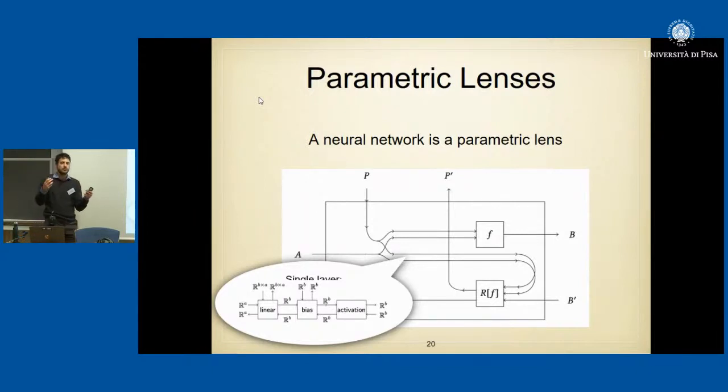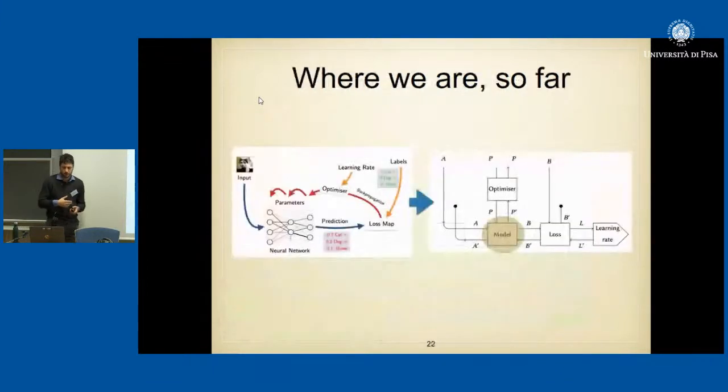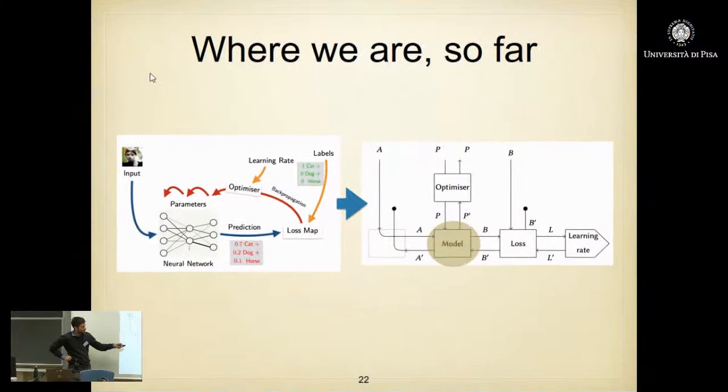And then we compose all of this together. So it's not just that parametric lenses are able to describe a neural network as a single organism, but you can actually narrow that down and have a more detailed description. So what we have so far of this picture is essentially this. We have described this component here, the model, which is A A prime, B B prime, and P P prime.